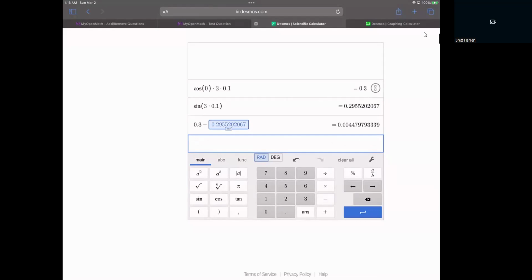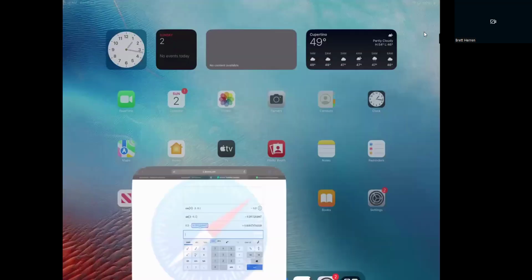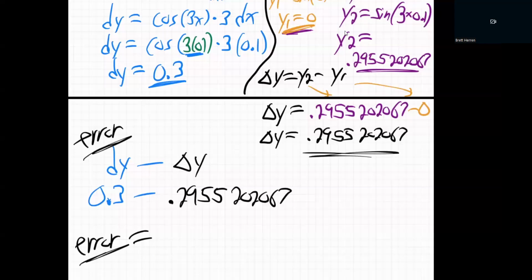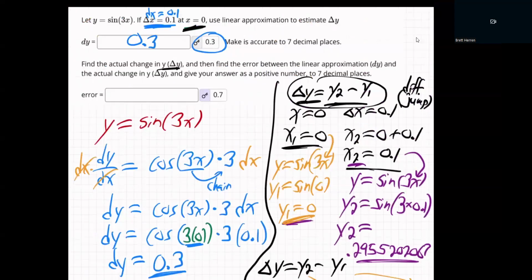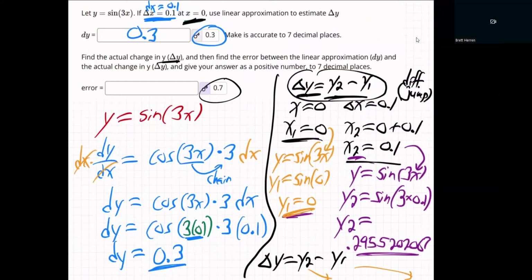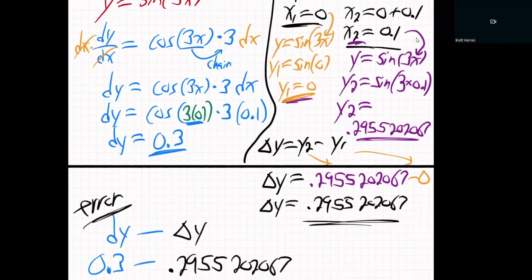And I get 0.0044797933. And oh, they just wanted you to give your answer as a positive number to 7 decimal places.